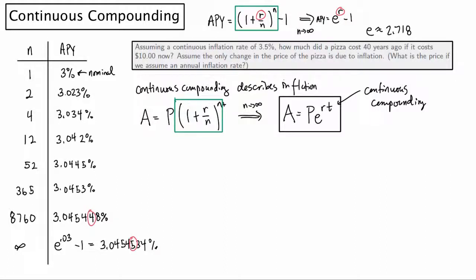So for this particular problem, I'm going to use my Pert formula here. And I'm assuming that the only change in the price of the pizza is due to inflation. So just listing out the pieces that we have, A is the price of the pizza in the future, which would be 10. So it's $10 in the future. P is the principal value, which was the original pizza price.